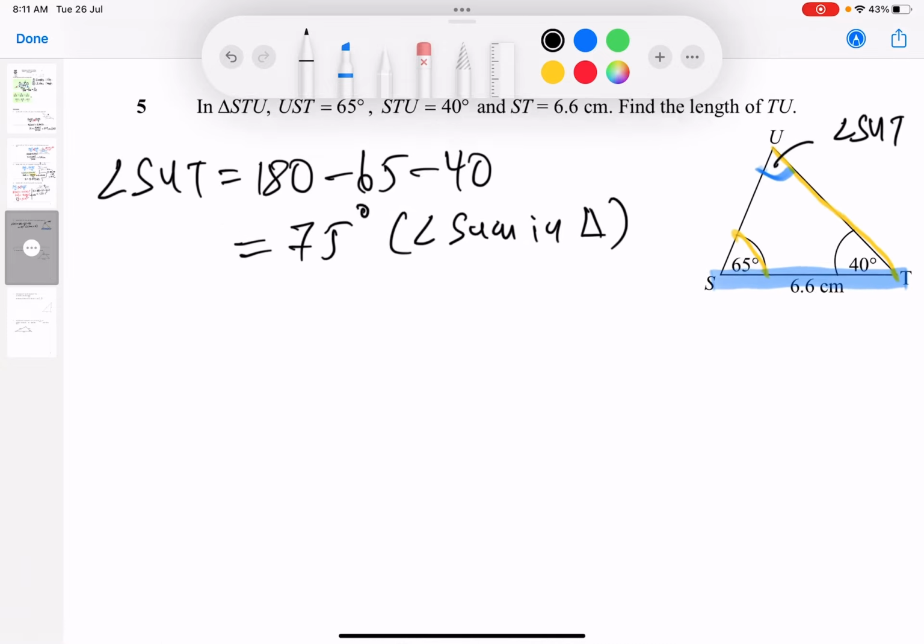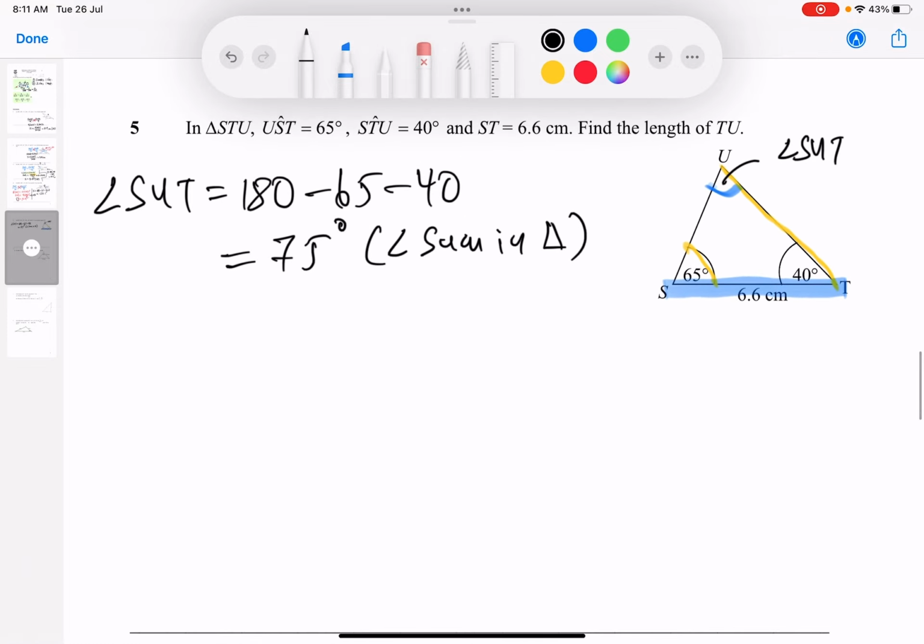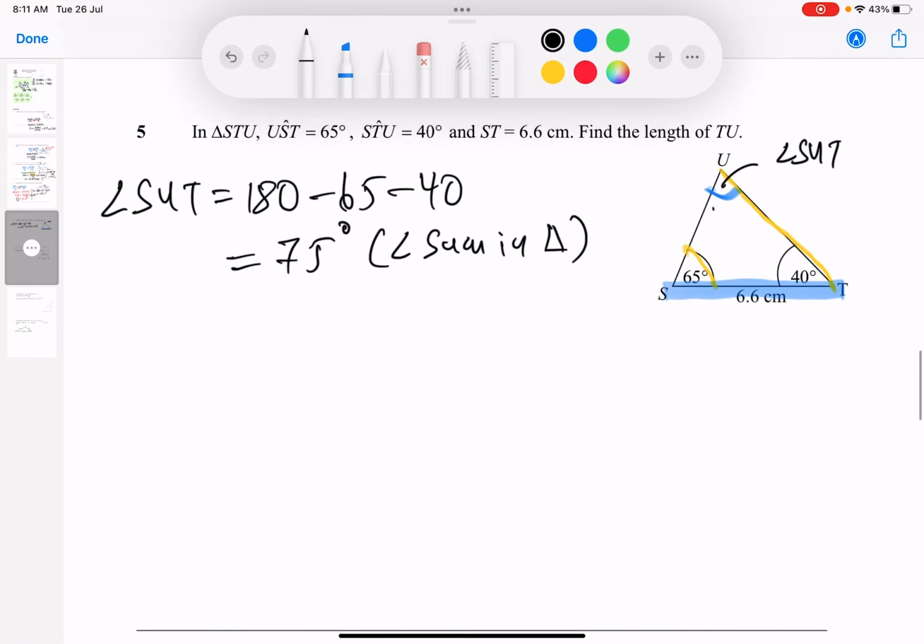So therefore angle SUT is 75 degrees. Now what is the purpose of finding this angle over here? It is so that we have a matching pair. We know the length of one side, we know the opposite angle.